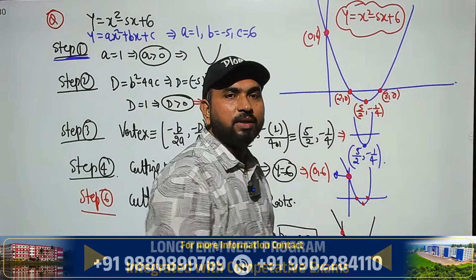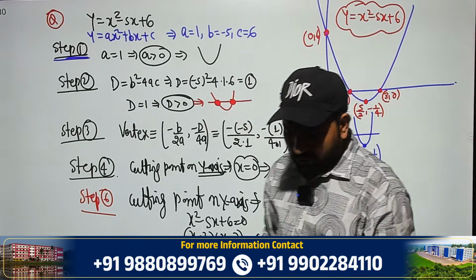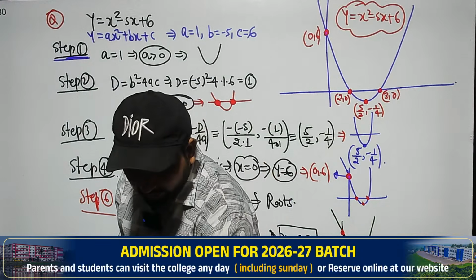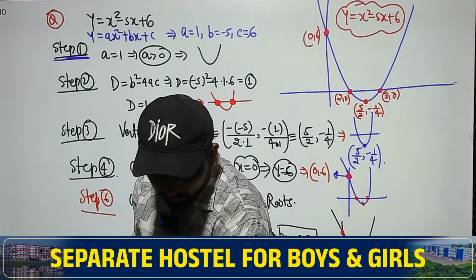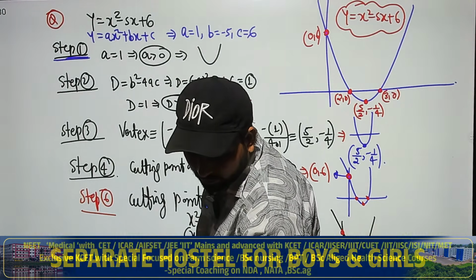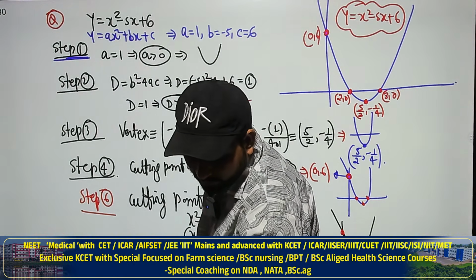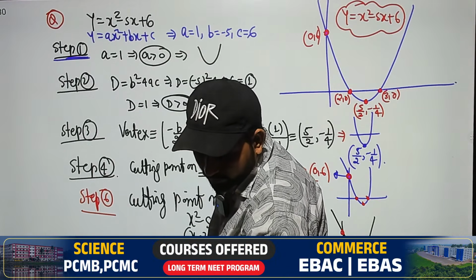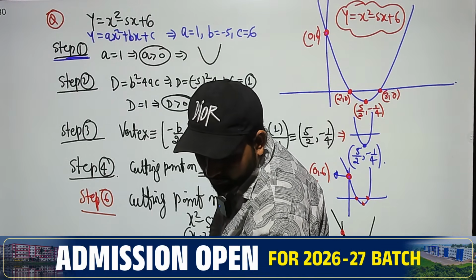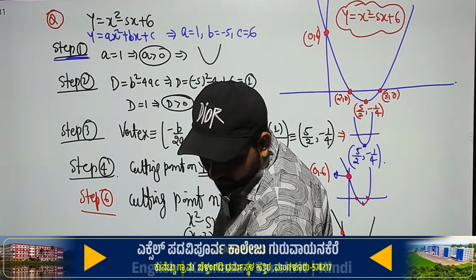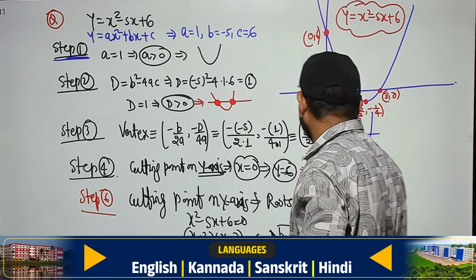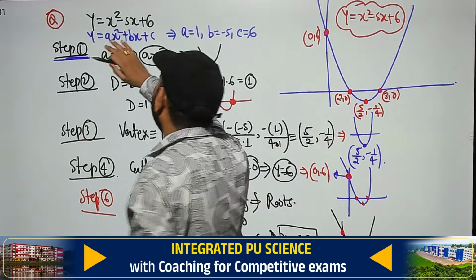Now I am giving the next question so that you can handle it. Try to draw the graph. Now, I am just changing here to x square minus 5x minus 6.